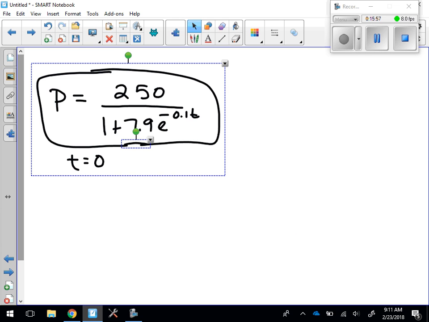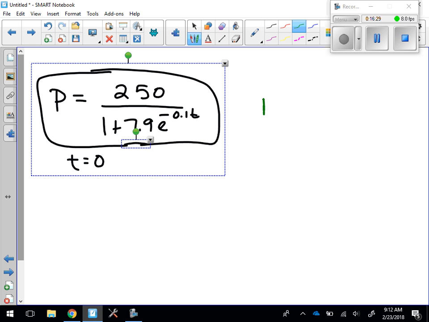So I'm going to put my equation back up here. We want to think about the fact that I can't have part of a gorilla. Either I have a whole gorilla or I have no gorilla. But what I can do is play with the math.